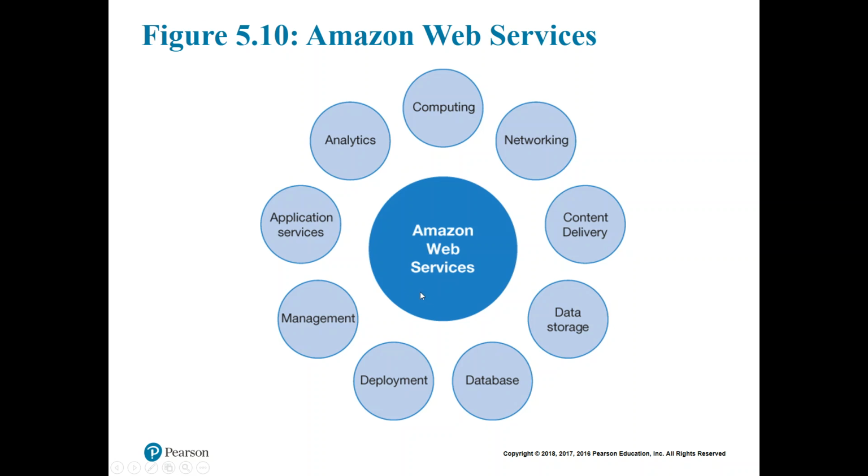So these are kind of the services that cloud-based businesses are offering right now. This is an Amazon example of the things they offer to their clients. Just check it out.